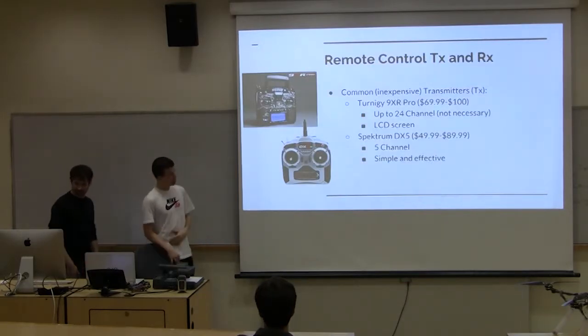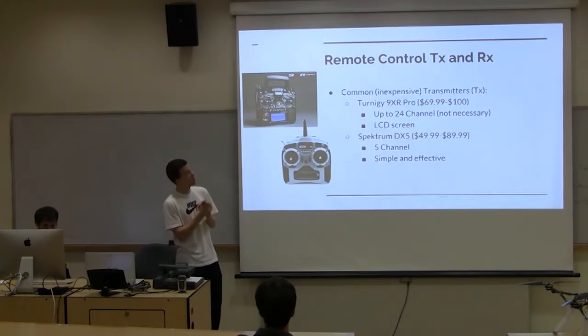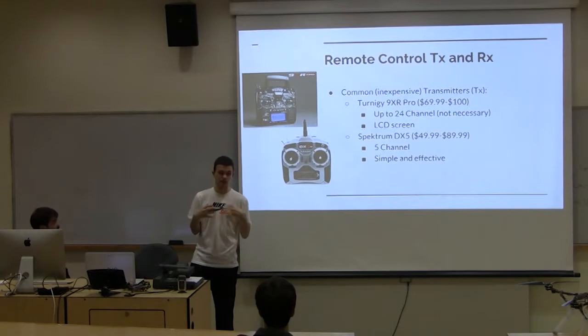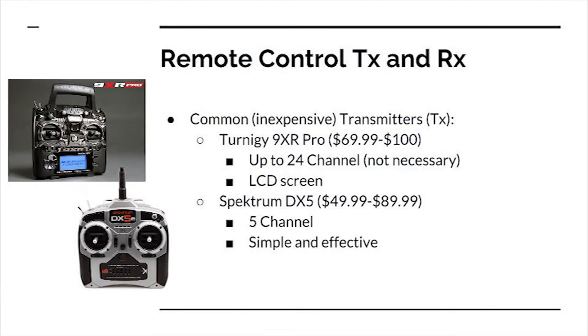So you have your flight controller, you have it set up, but one of the main pages you're going to be on is going to be that radio transmitter page. So in order to calibrate anything, you need your actual transmitter. The two I'd suggest, mainly because of price, are either the Turnigy 9XR or the Spectrum DX5.